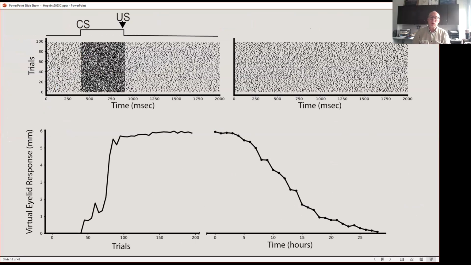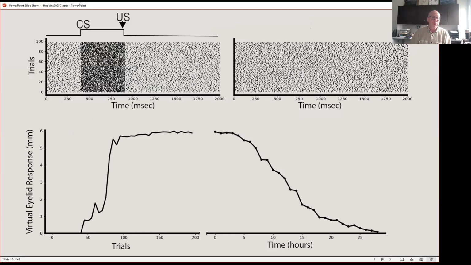So just to set up the way that we would do these things, this is all simulation work now. On the left, I'm showing the way that we might train the simulation. This is a raster plot from one of the virtual mossy fibers. All of the mossy fibers are assigned a background activity, but a small percentage of them are told that when we play the tone or the conditioned stimulus, they increase their activity to around 100 hertz.